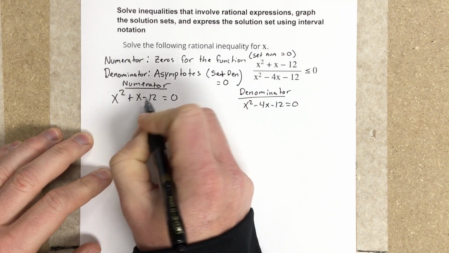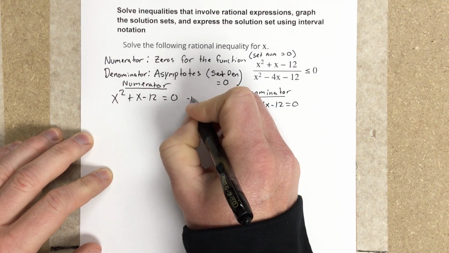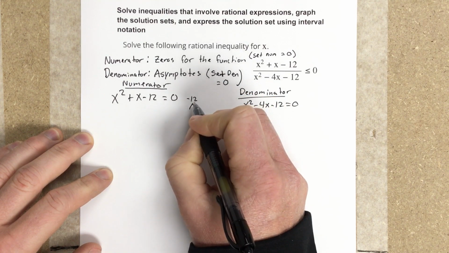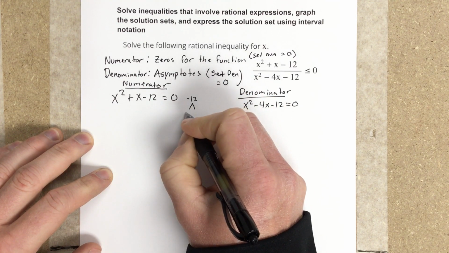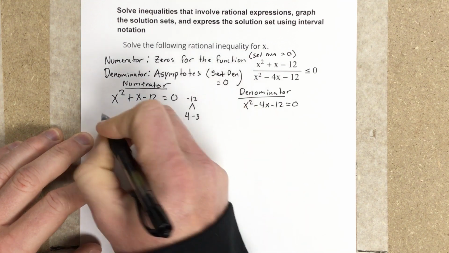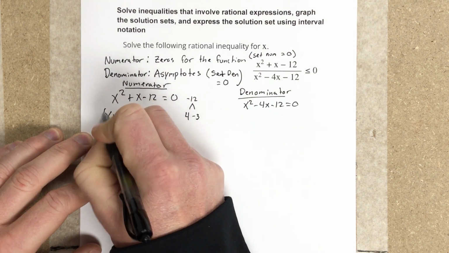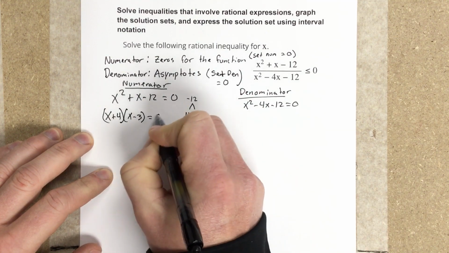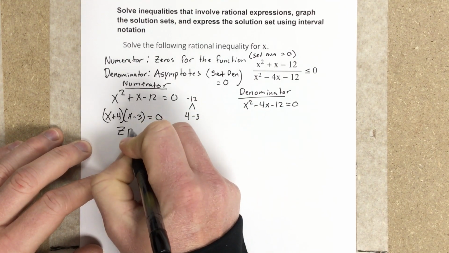So let's factor this. The factors of negative 12 that add to positive 1 would be 4 and negative 3. So we're going to have (x plus 4)(x minus 3) is equal to 0. We're going to use the zero product property.